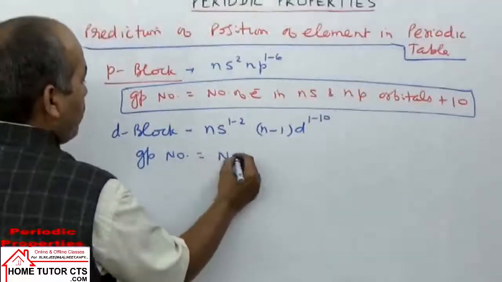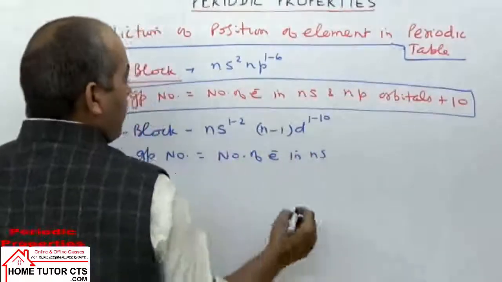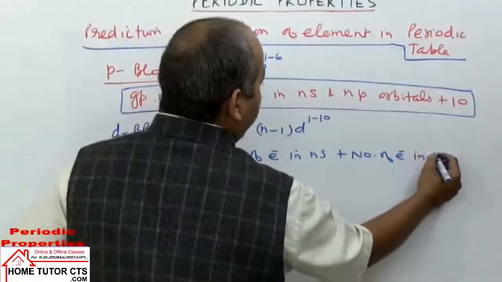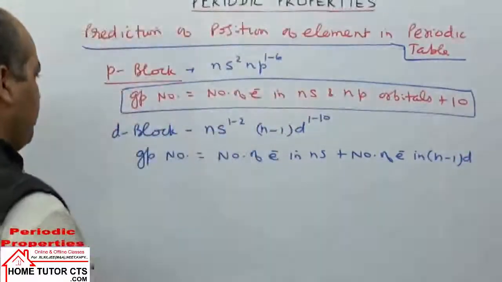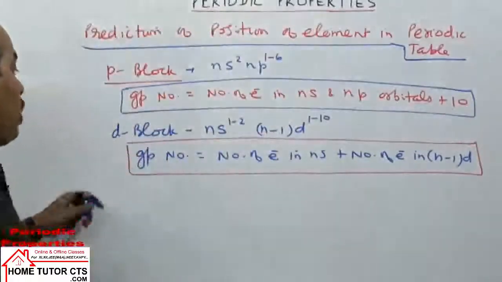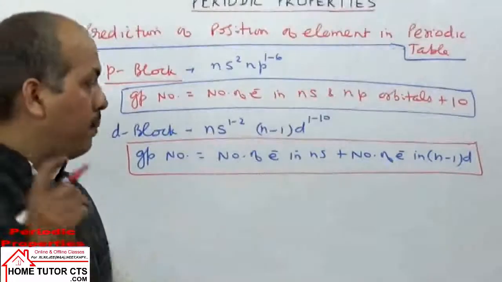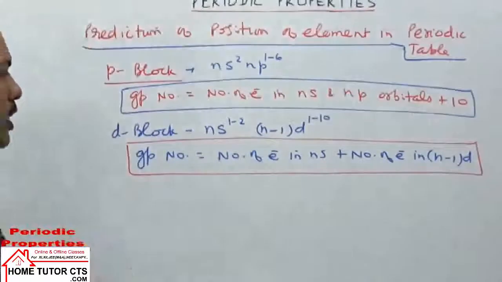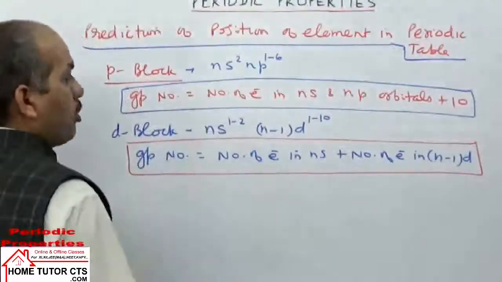It is the number of electrons in ns orbitals plus the number of electrons in (n-1)d orbitals. Add the total electrons, and that gives the value of the group number for the element of the d block.